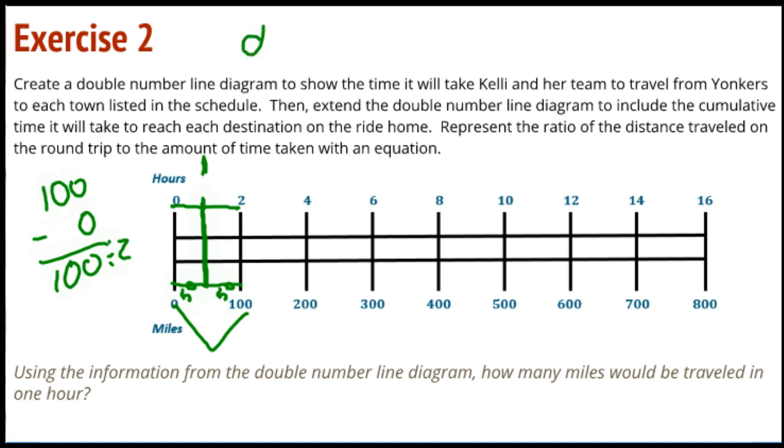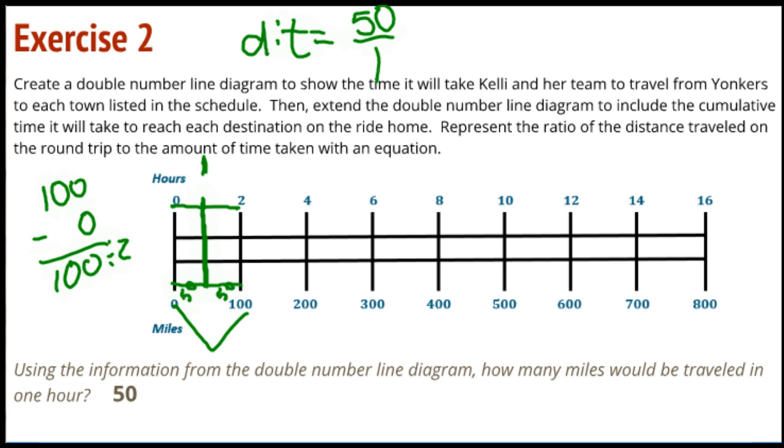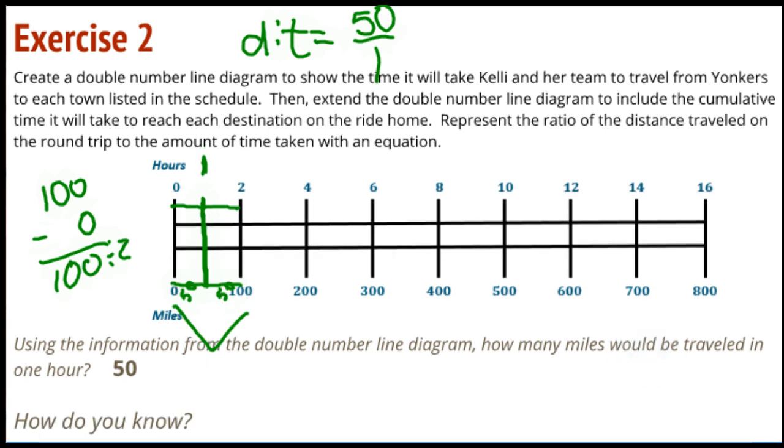So my distance to time is 1, 2, distance to time. Got to write those in the right order. 50 to 1, which we just looked at on the last slide. So we would travel 50 in 1 hour. Now how do I know?